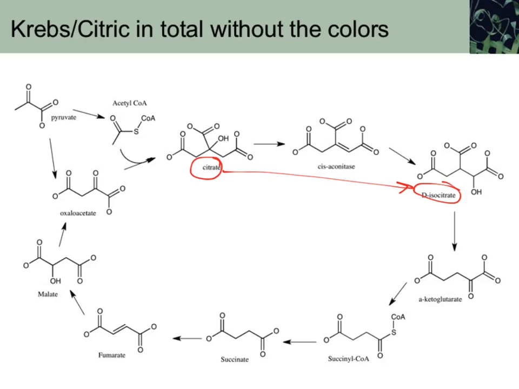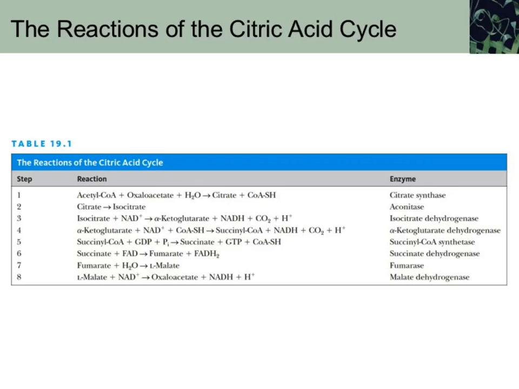We make an intermediate structure known as cis what? And that's my fault. Aconitate. What was the name of that enzyme that did the citrate to isocitrate? Oh, aconitase. They're referencing the intermediate. Okay.